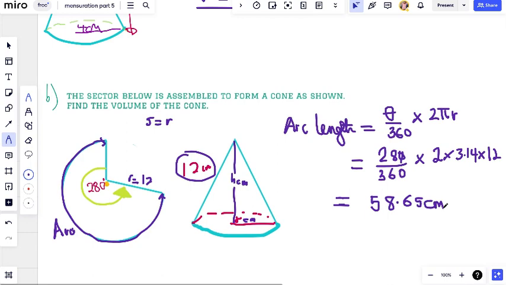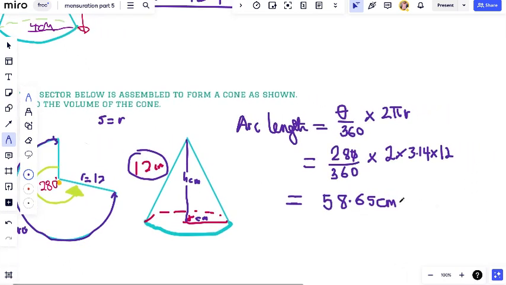Like I said before, once you get this arc length, it is equivalent to the base circular part of the cone. So we can say this is equal to the base of the cone.